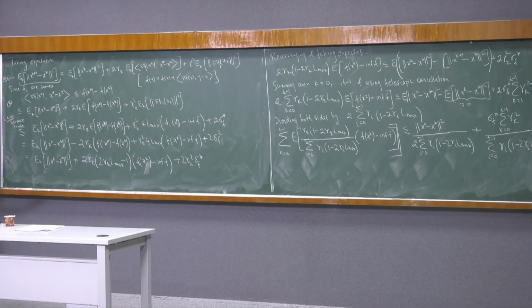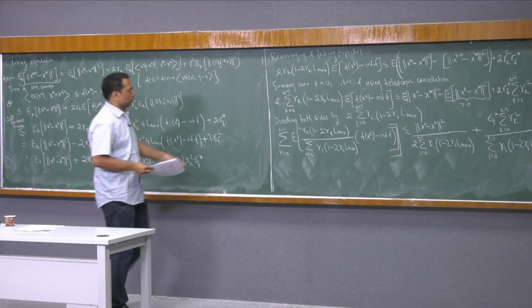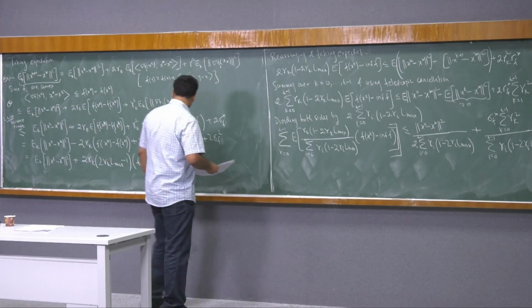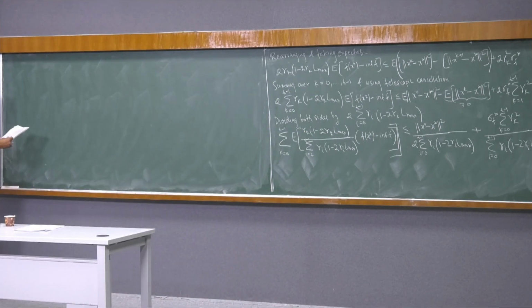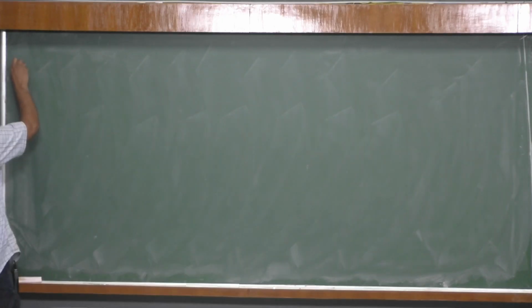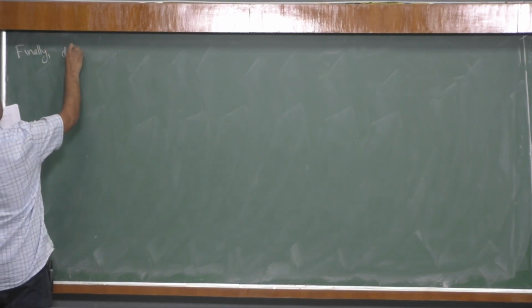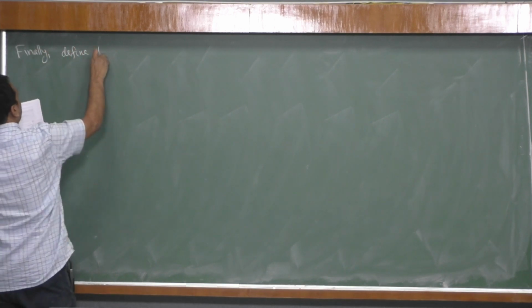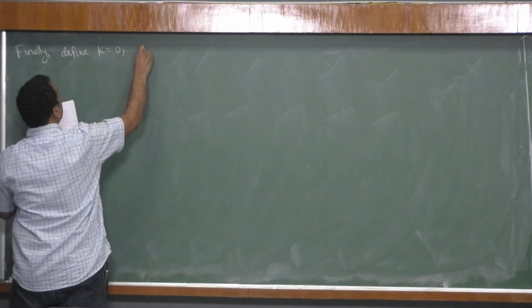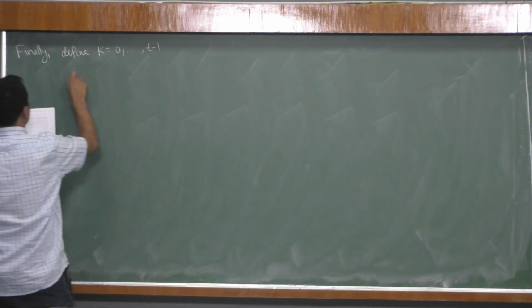Okay, so we will collect this term as p t k. Finally, we define, for k equals 0 to t minus 1, p t comma k as follows.